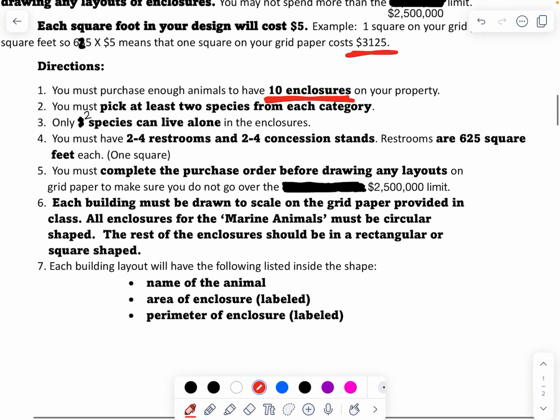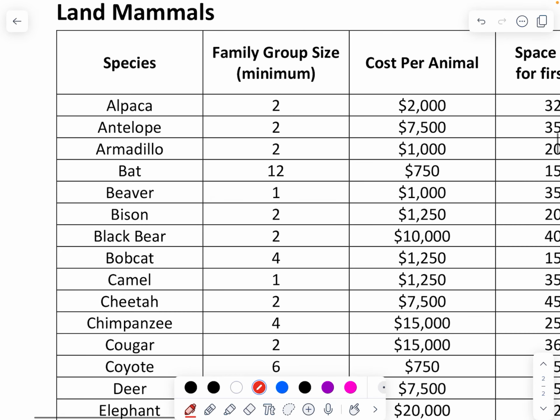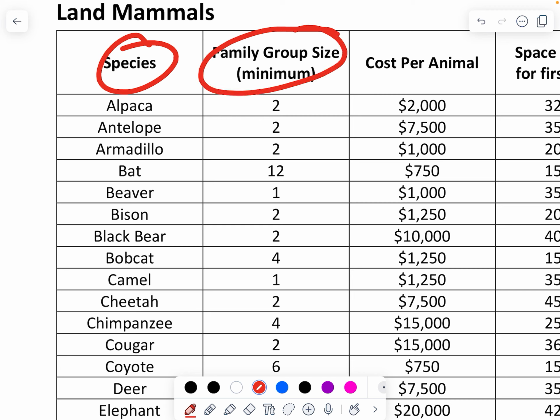Only 2 species can live alone in the enclosures. So if you look here, it says species, and then it has family group size minimum. So that means the beaver right here, you only need to buy 1 of them. Okay, that's what that means. But if you're going to buy a bat, you got to buy 12 of them at minimum. Okay, you can buy 20 of them, but 12 is the minimum.